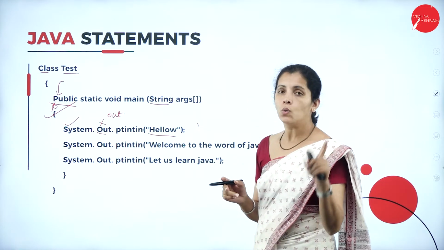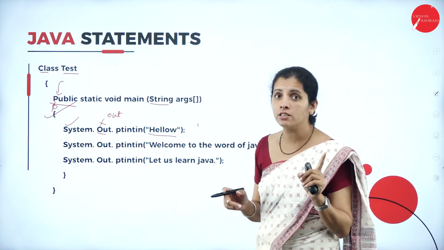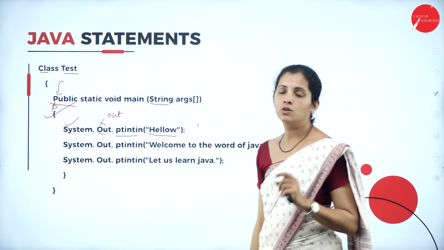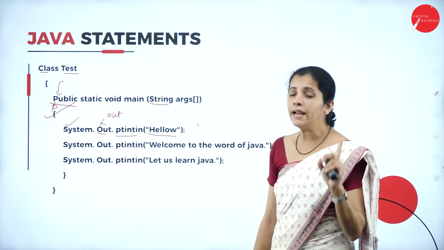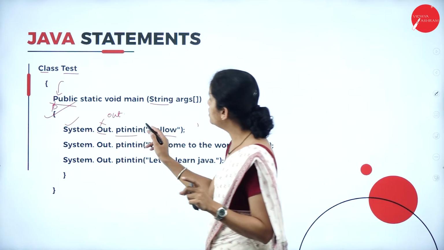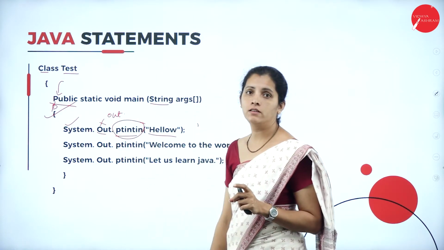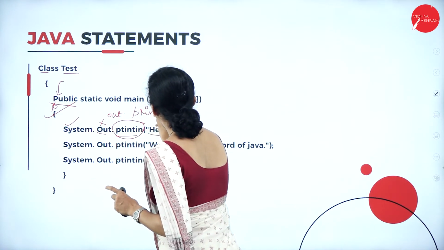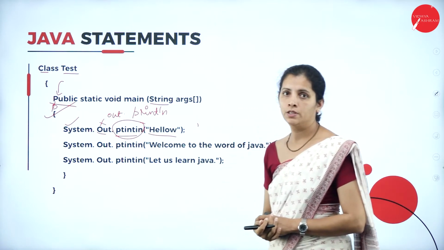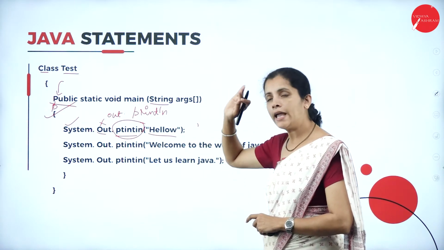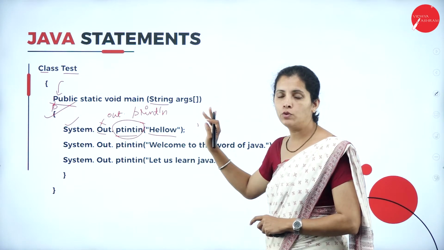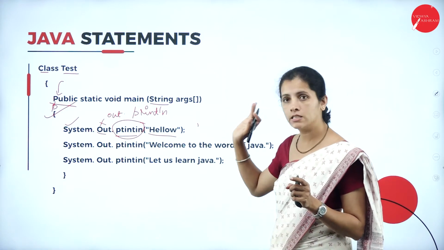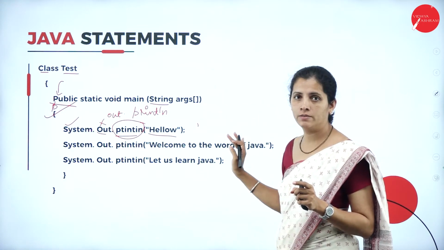Now dear student, one more error message you're going to get is a spelling mistake. It is println. So while writing any program, you have to be conscious, and Java is a case sensitive programming language.